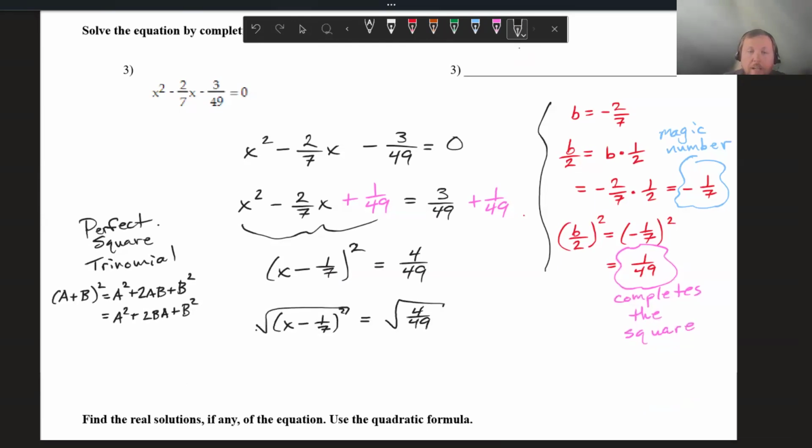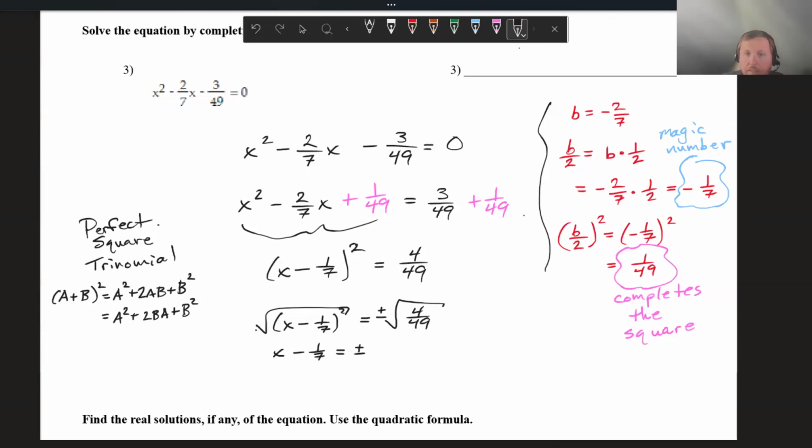And remember, anytime that you're using a square root on both sides to solve an equation, if it's an even index, you need to put in that plus or minus. So now I have x minus 1/7 is equal to plus or minus.